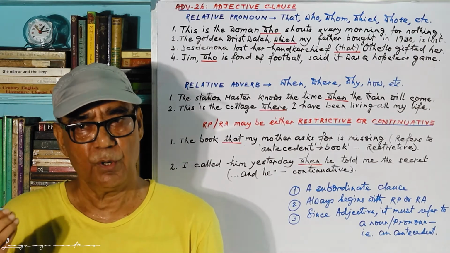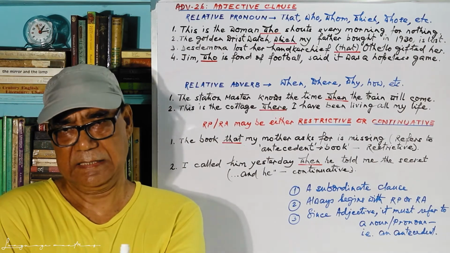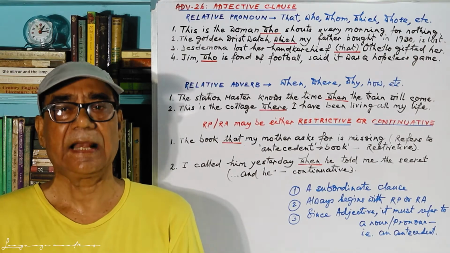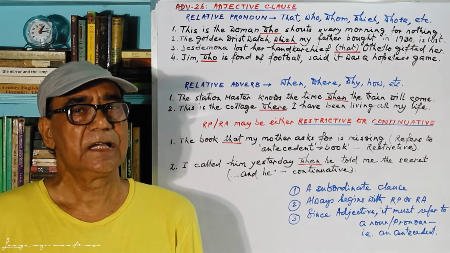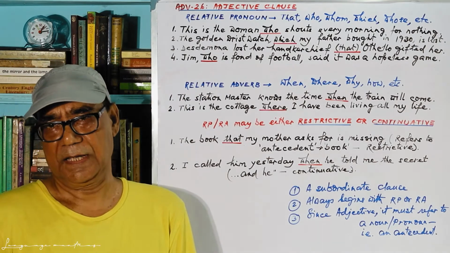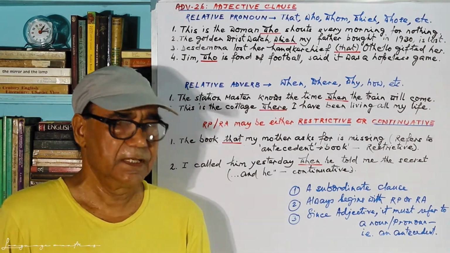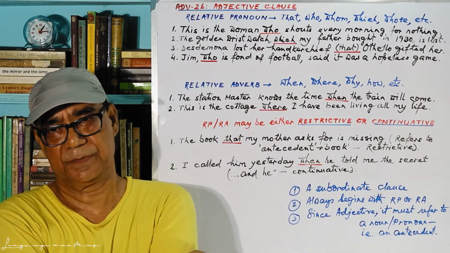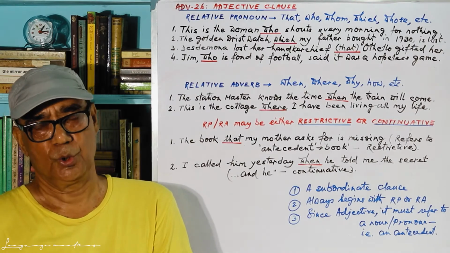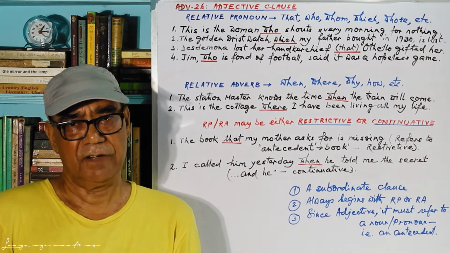Today, I give you some more tools, more rules, so that you can recognize an adjective clause easily and you can analyze it. So, let's start. Adjective clause is a clause, but when I speak of an adjective, it is just one word. But adjective clause refers to a combination of words. So what is the difference?